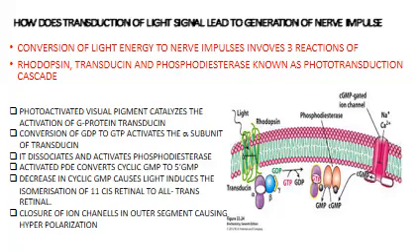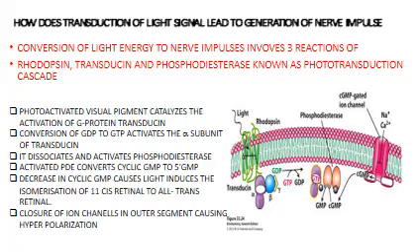These three reactions involve rhodopsin, transducin and phosphodiesterase, and this is known as the phototransduction cascade. So light energy has to be converted to nerve impulses, and this involves these compounds: rhodopsin, transducin and the enzyme phosphodiesterase.